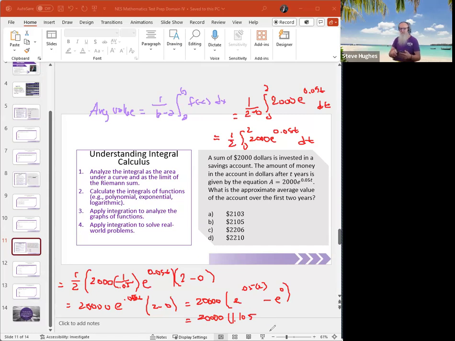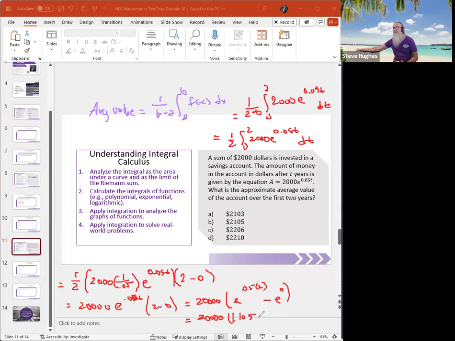All right, minus 1, 0.015159, right? Then I'm going to multiply that times 20,000, and I'm going to get 2103.48. So the answer is 2103.48.